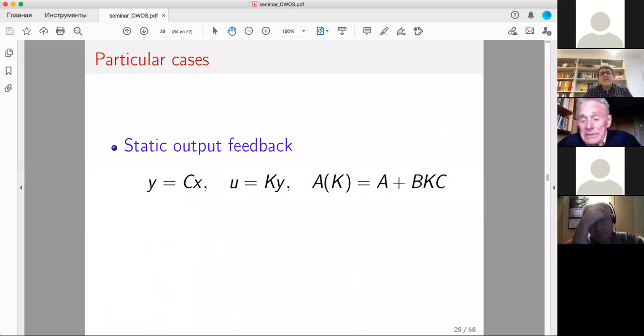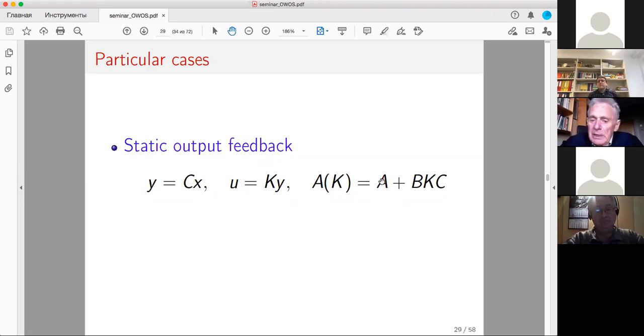First of all, it is so-called static output feedback. Static output feedback is a situation when we have no state X available, but just some linear output Y. And we can try to find control as a linear function of this output.